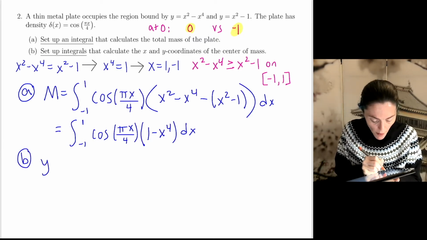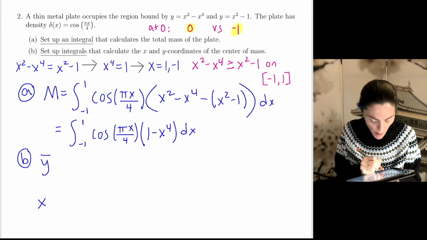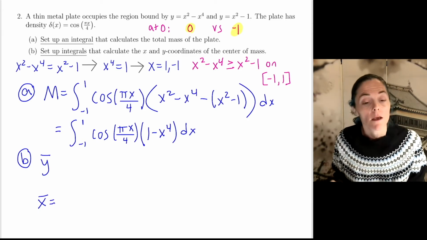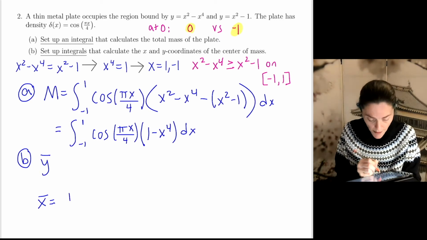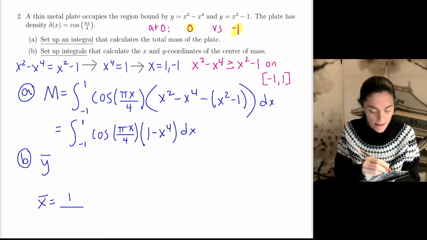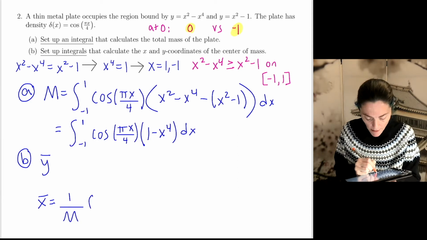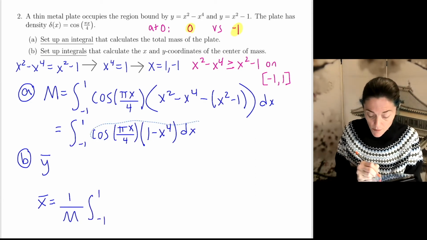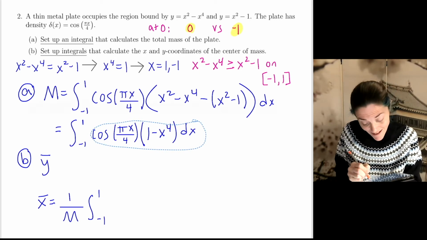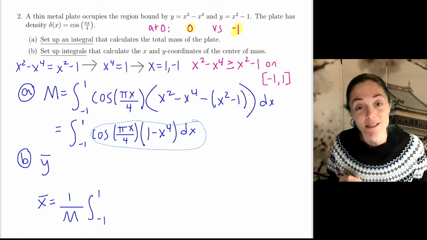We need y bar and we need x bar. Maybe x bar is the shorter one, so we will do this first. We take 1 over m, 1 over the mass, and then we integrate minus 1 to 1. You see, a lot of this stays the same. We will still have density, we will still have upper minus lower, and of course it's an integral.